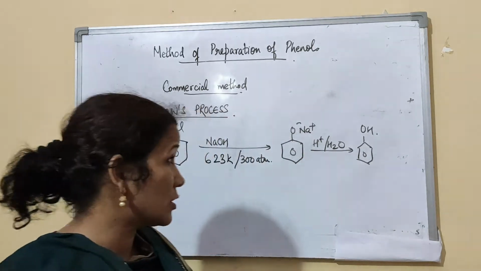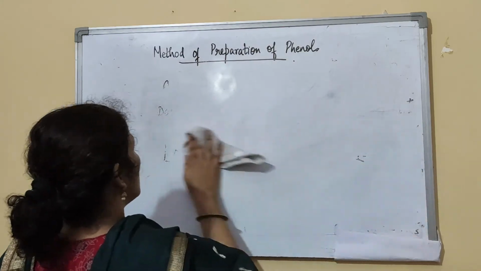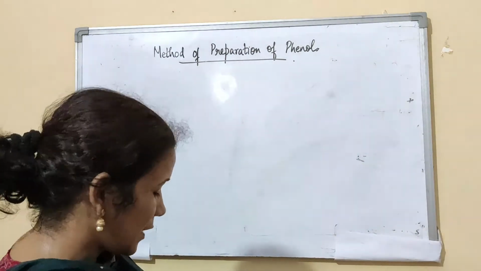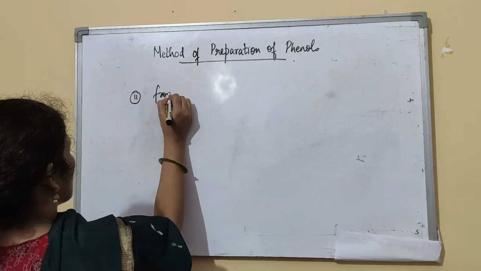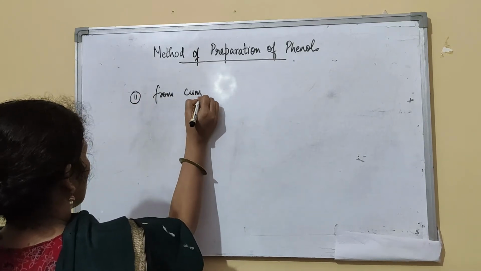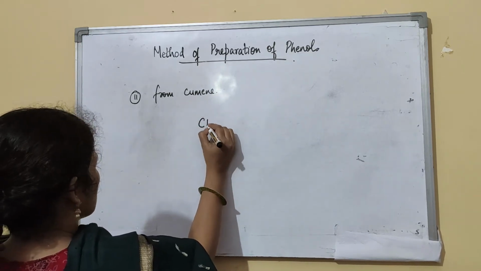And then the second process, which is also very important, is from cumene. Now we'll discuss what is cumene. Cumene is CH3.